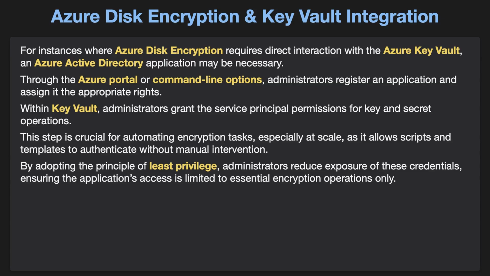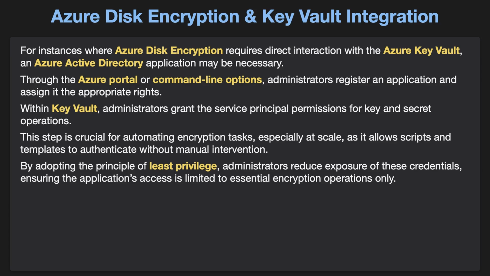For instances where Azure Disk Encryption requires direct interaction with the Azure Key Vault, an Azure Active Directory application may be necessary. Through the Azure portal or command line options, administrators register an application and assign it the appropriate rights. Within Key Vault, administrators grant the service principal permissions for key and secret operations.